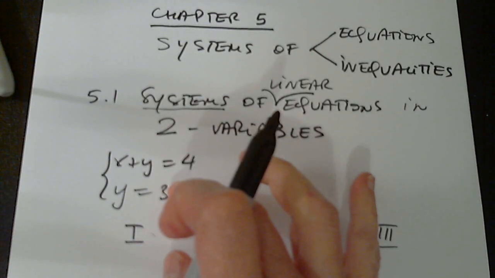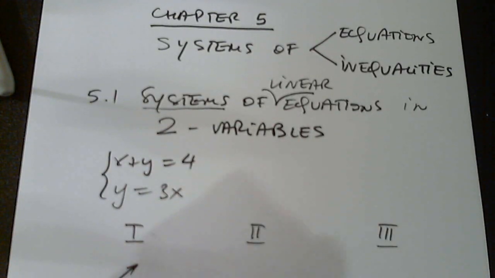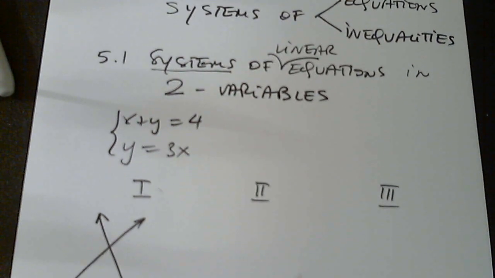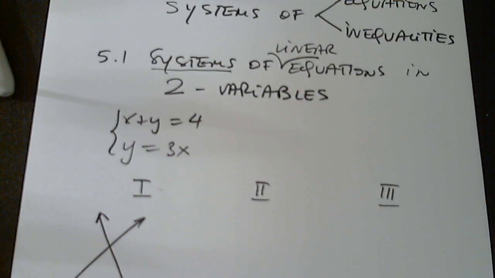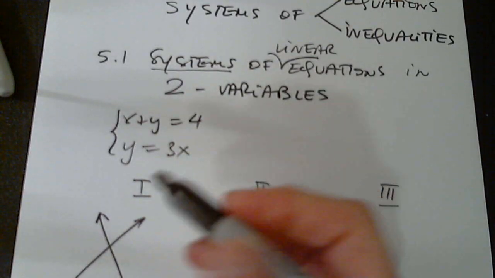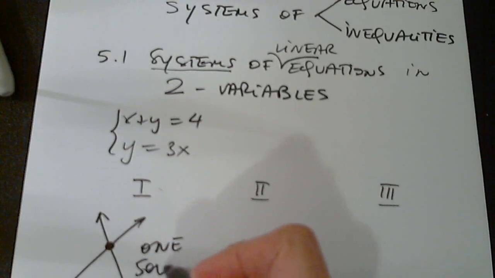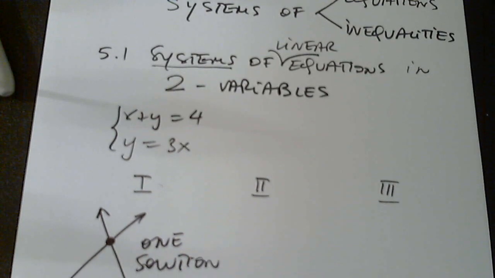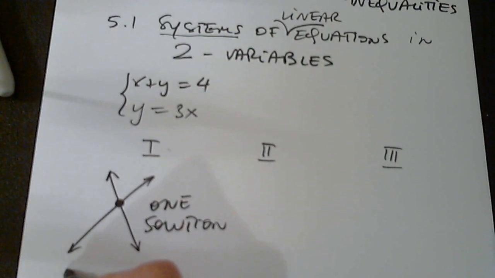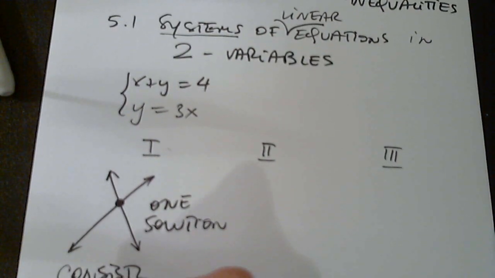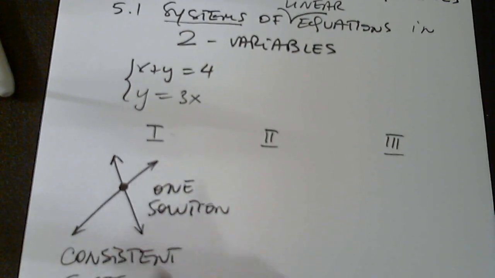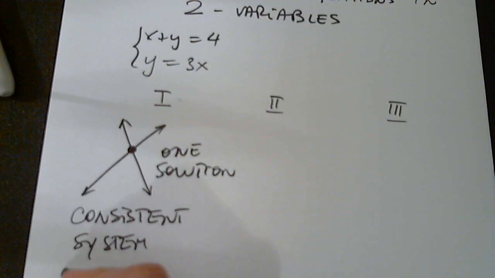When I graph these two, they may look like this, which means that there is only one solution. The system is called consistent. Consistent system. The equations are independent of each other.